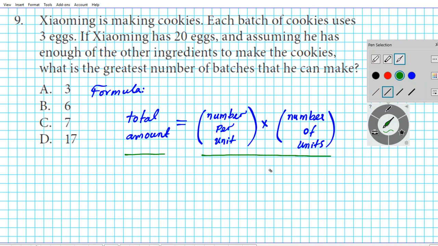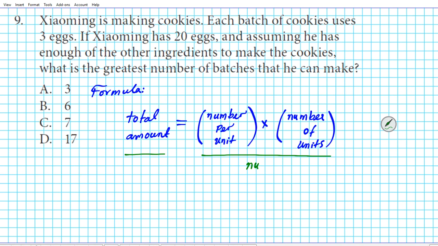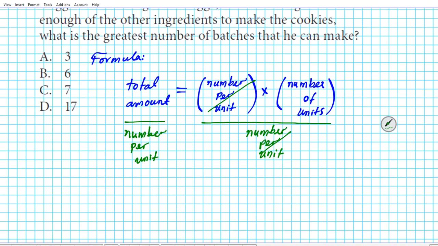So we're going to divide both sides by number per unit. If I divide both sides by number per unit, I'm going to end up with another formula that you need to know. On the right side, the number per unit component cancels out.